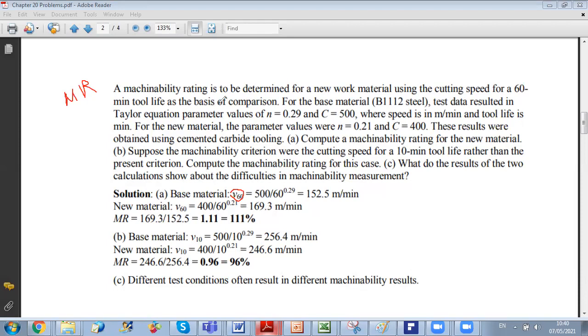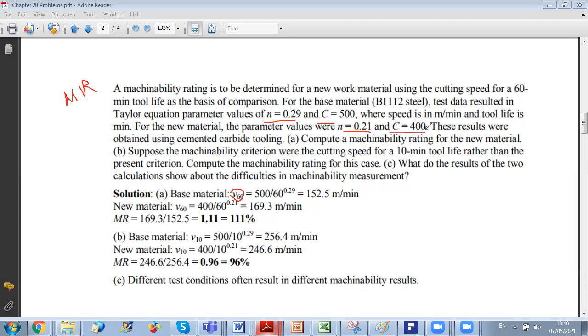So let us see an example here. For the base material, test data resulted in Taylor equation parameter values of N and C, where the speed is in meters per minute and the tool life is in minutes. For the new material, the parameter values were N equals 0.21 and C equals 400.